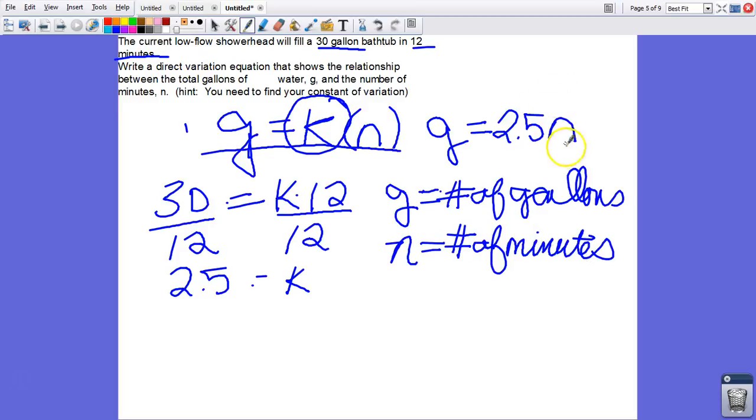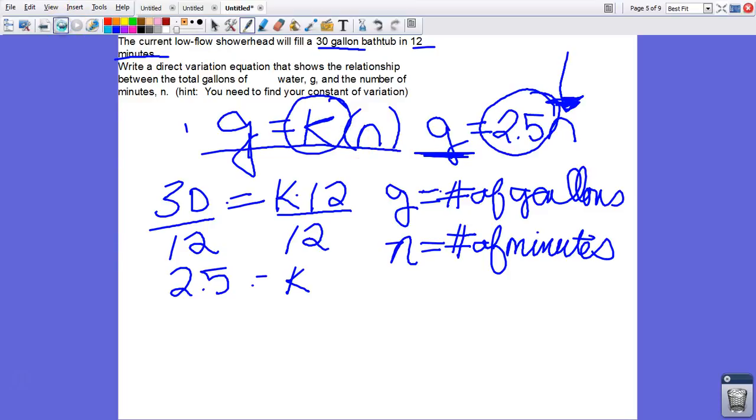Okay, so that means for each minute that the water is running, the bathtub fills up with 2.5 gallons of water. So my total gallons is equal to those two numbers multiplied together.